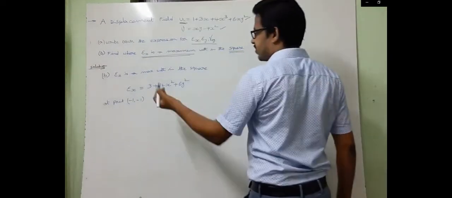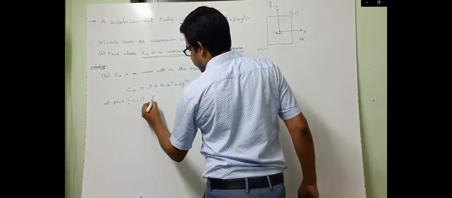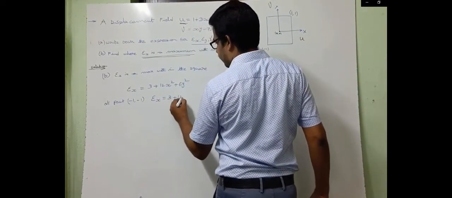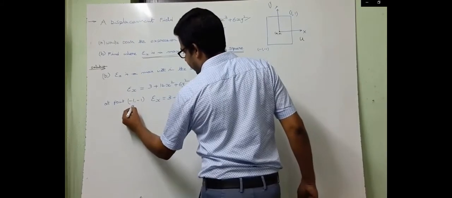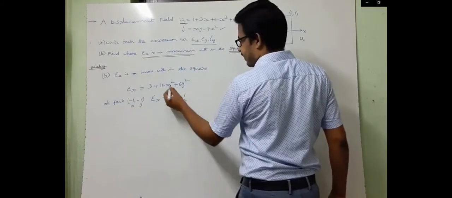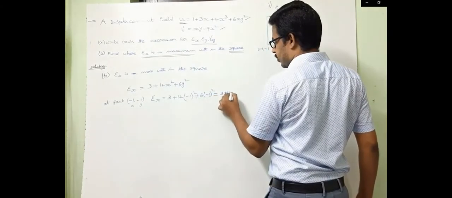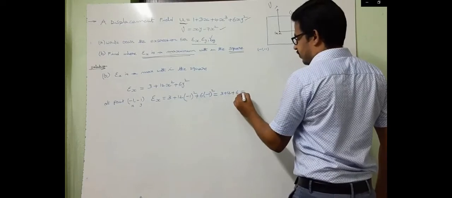Substitute in this equation: epsilon x equal to 3 plus 12 of x value, minus 1 whole square, plus 6 into minus 1 whole square, that equals 3 plus 12 plus 6, which is 21.